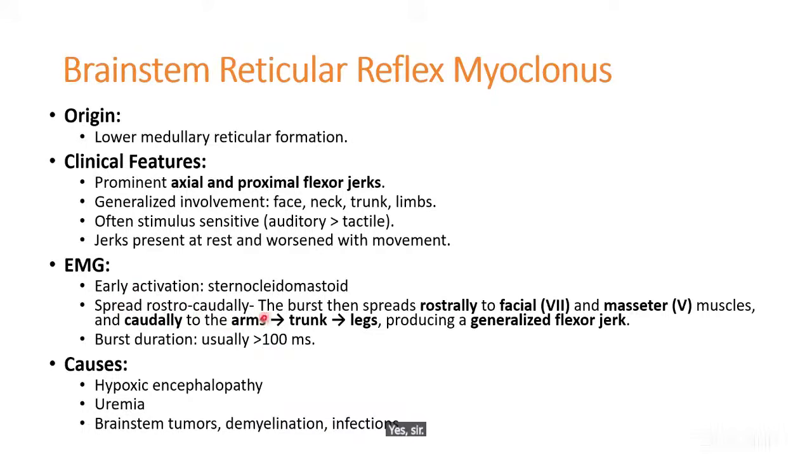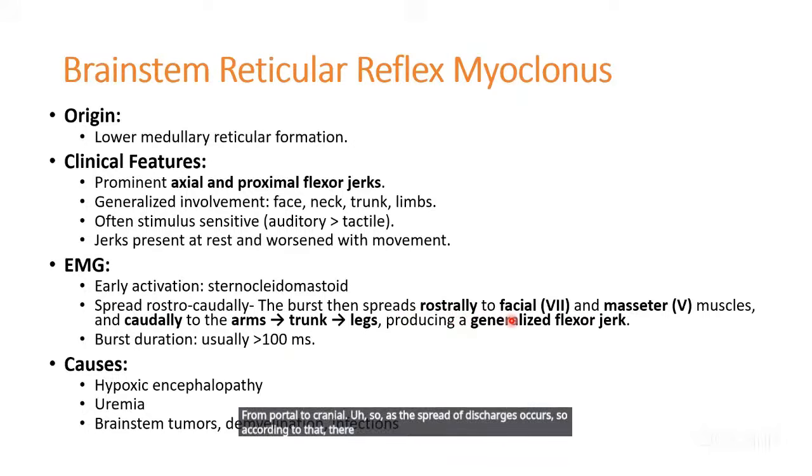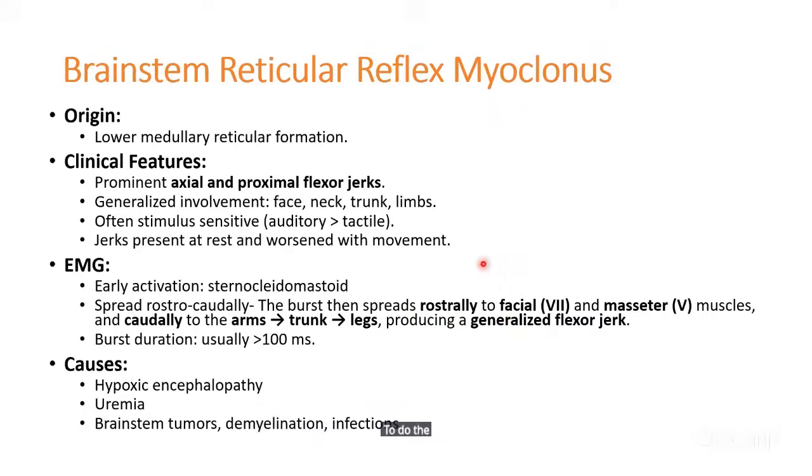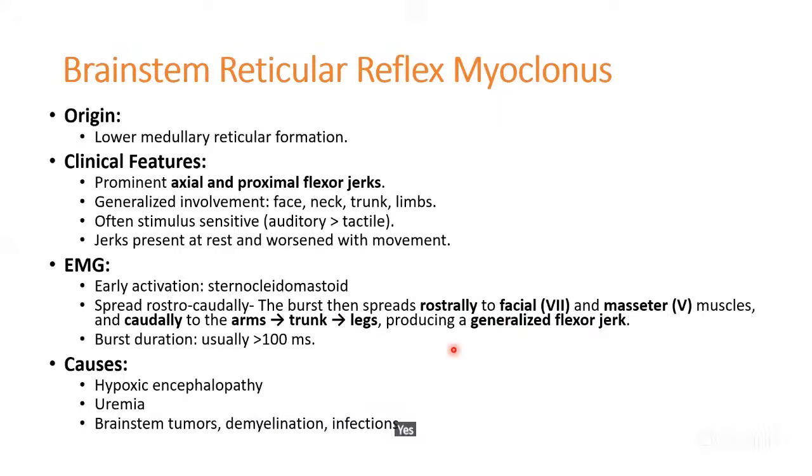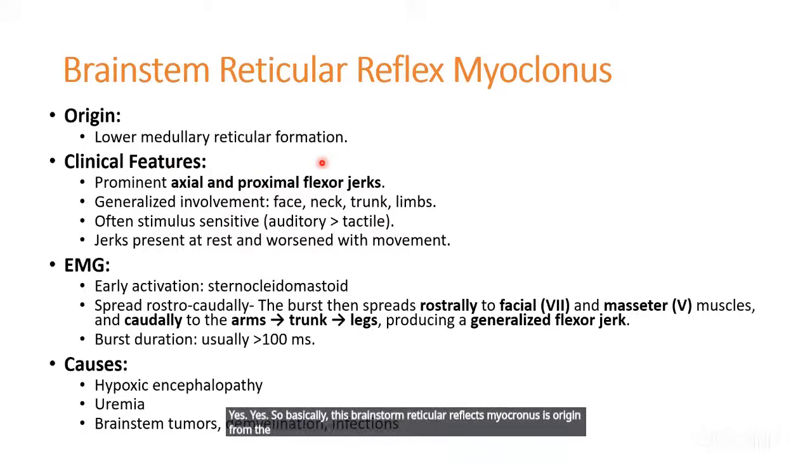As the spread of discharges occurs, myoclonus is seen accordingly. Though the myoclonus can appear generalized, it is because of the excitation of multiple muscles. That's why the duration can be more than 100 milliseconds. Basically, this brainstem reticular reflex myoclonus originates from the lower medullary reticular formation, sir.